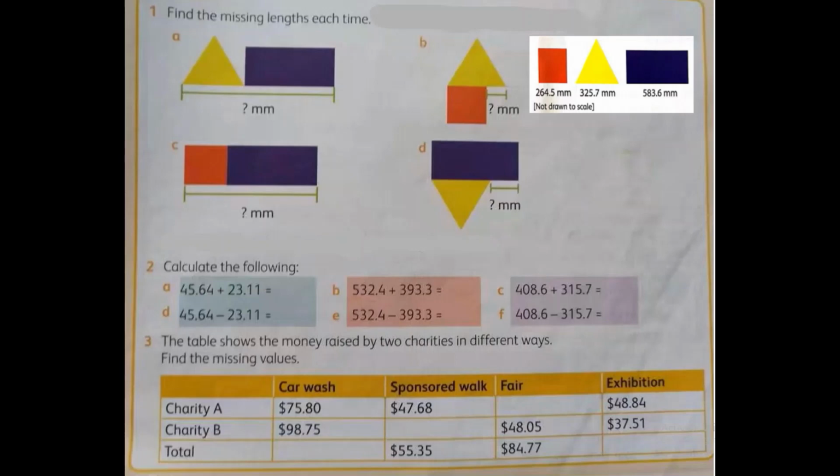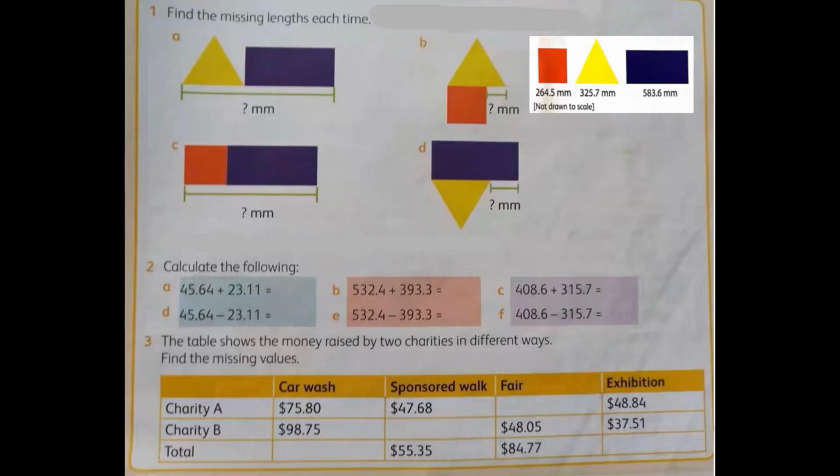For problem number 3, the directions say, the table shows the money raised by 2 charities in different ways. Find the missing values. You've got charity A here and charity B here, and then the totals for each one. You're just going to take those, and again, either add or subtract the total to get the answer, depending on what they ask.